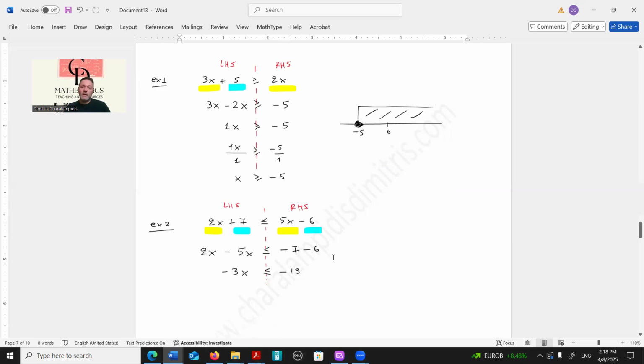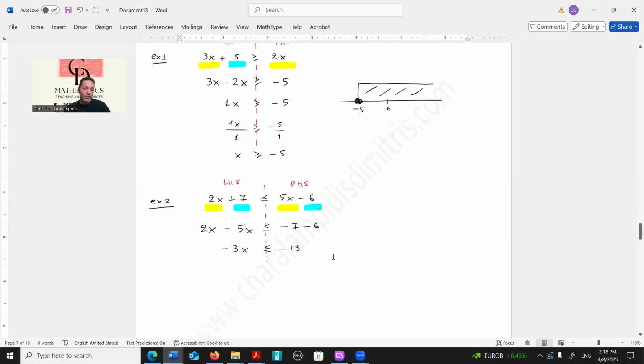And then remember that we always need to solve for x, which means that I have to isolate x, which also means that we need to get rid of -3. How can I get rid of something which is being multiplied? I have to divide by that number. So I'll divide both sides by -3.